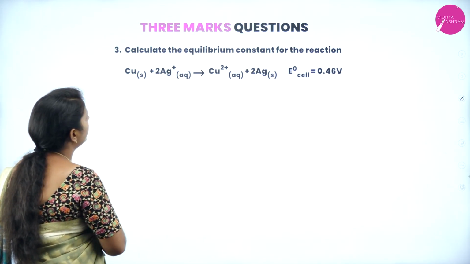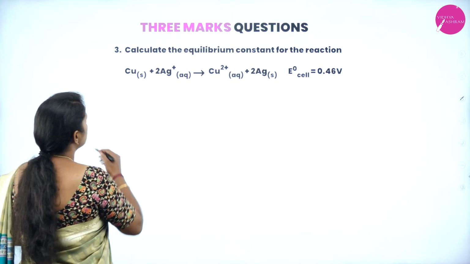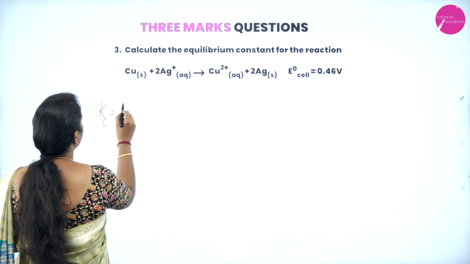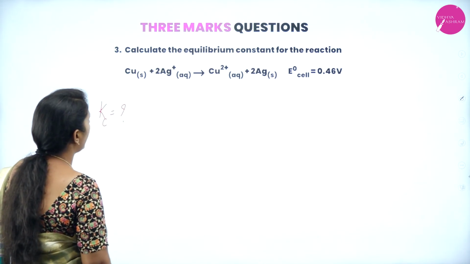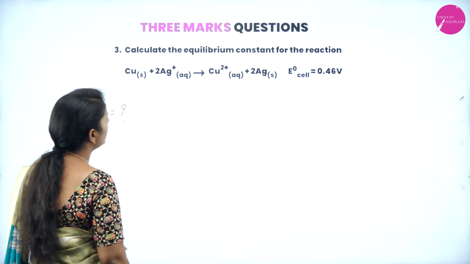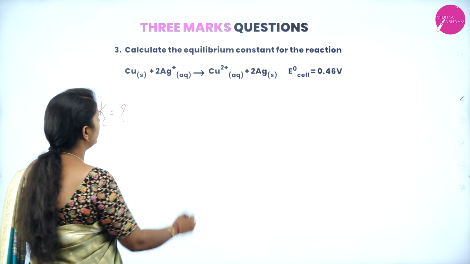Next, calculate the equilibrium constant of a reaction. Equilibrium constant means Kc we need to calculate. Correct now? So, they have given a cell reaction where copper and silver are reacting, and copper loses 2 electrons while silver accepts 2 electrons, and the E naught value they have given.